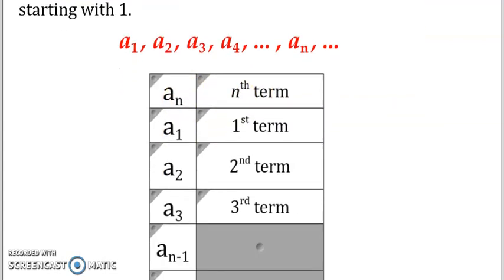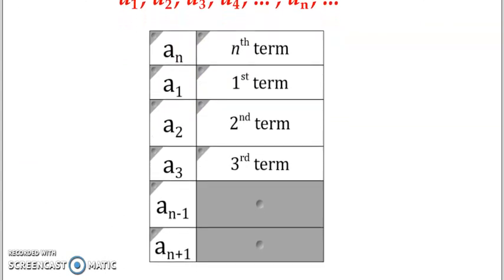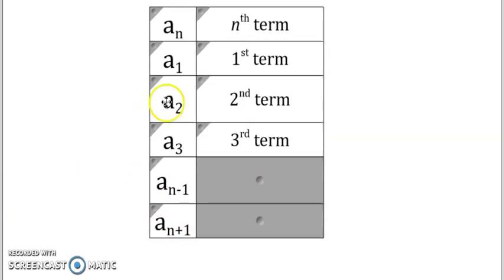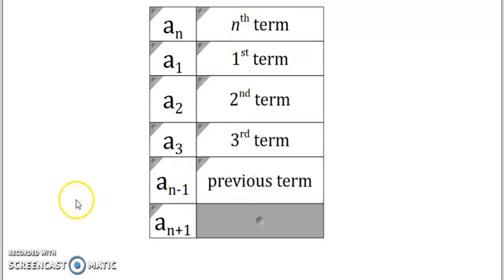A sub 1 is the first term. A sub 2 is the second term. A sub 3 is the third term. But then we have a sub n minus 1 and a sub n plus 1. That's a general notation based on the fact that the nth term is like a variable, representing any term. Then n minus 1 would be the term that comes directly before this term, so we're going to refer to that as the previous term.